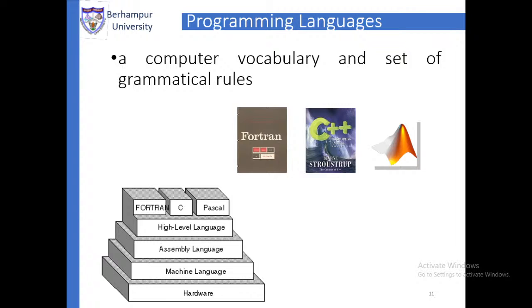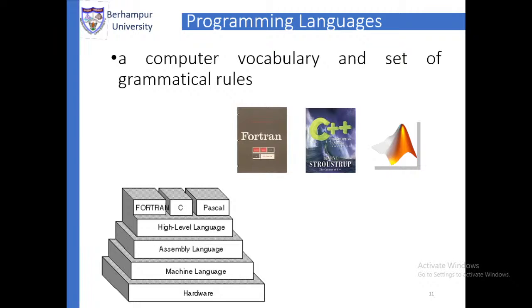So the machine understands only that on and off. Right? Therefore, computer hardware consists of switches. These switches can be in either of the two states, off state or on state. So the machine understands this language, on or off. That is what is machine language.